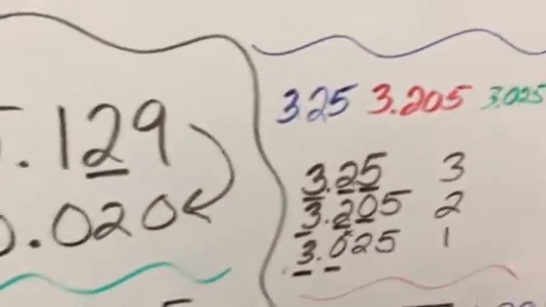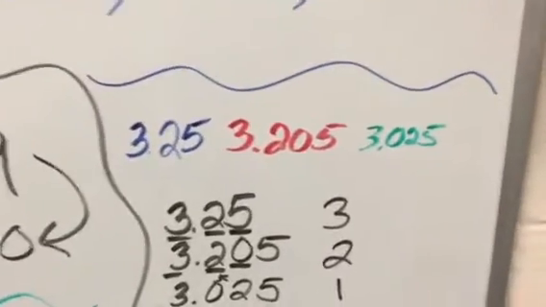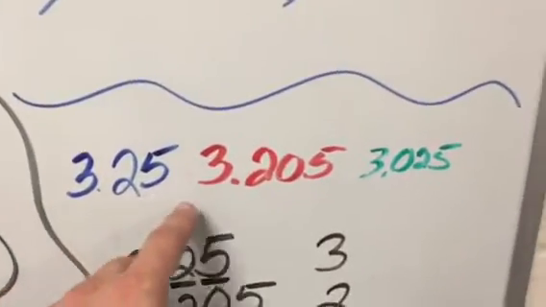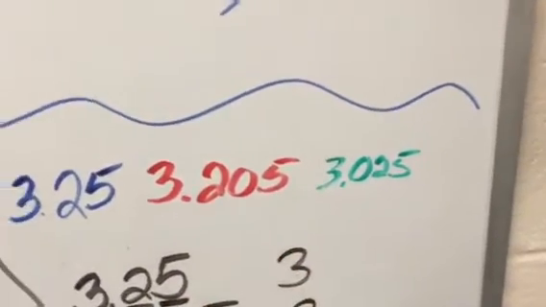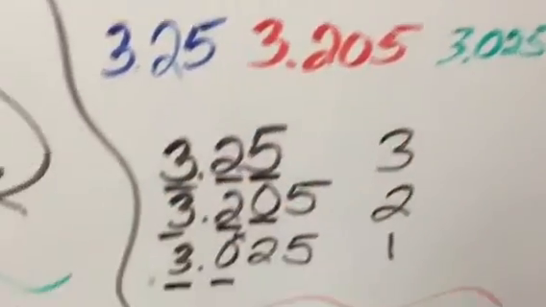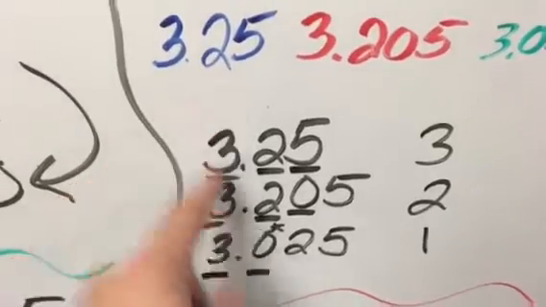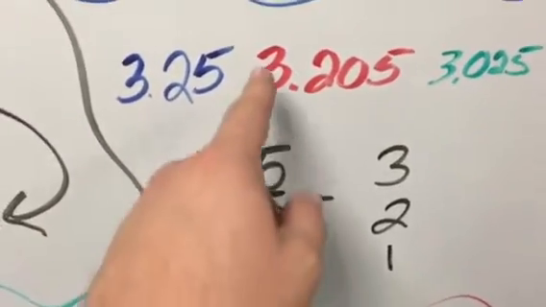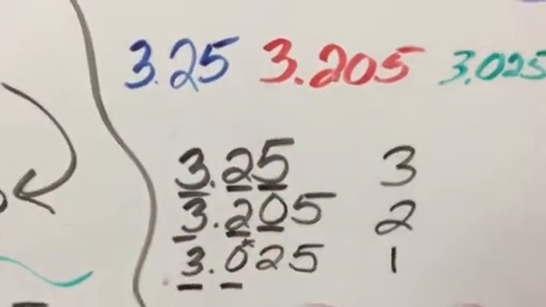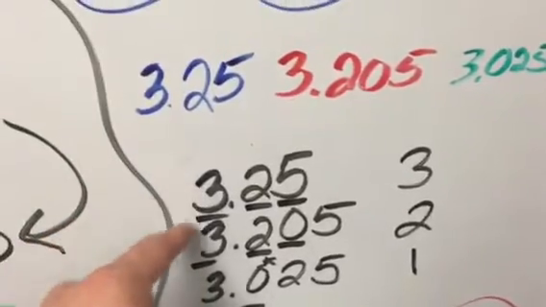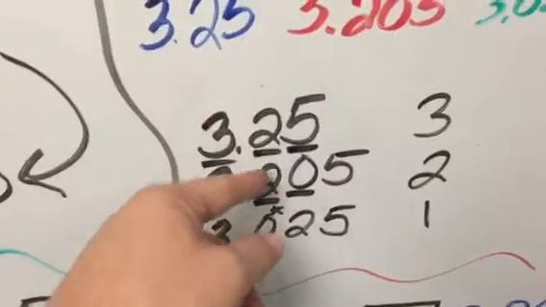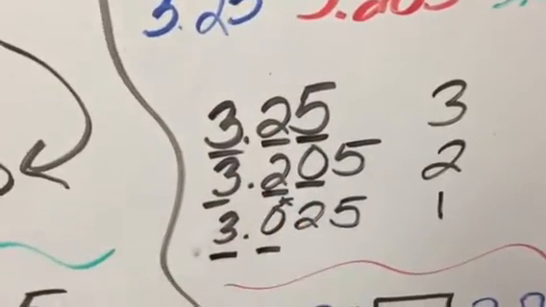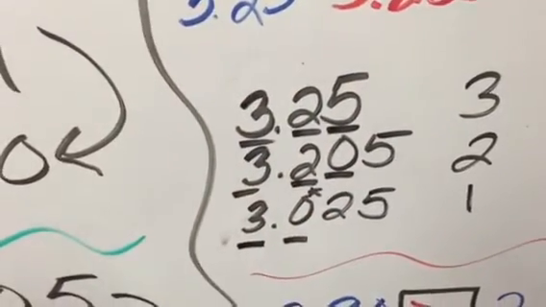All right, let's move on to putting things in order. I have 3.25, 3.205, and 3.025. First step, stack them. And make sure all of your place values are even. So I do that, and I have 3, 3, 3. That doesn't tell me anything, so I go to the next one. 2, 2, 0. That star is indicating that it's the smallest one.